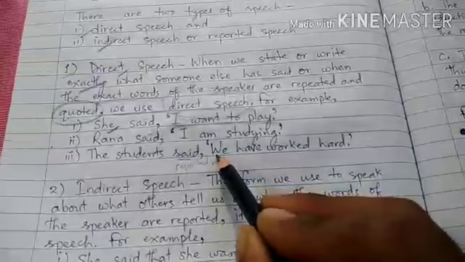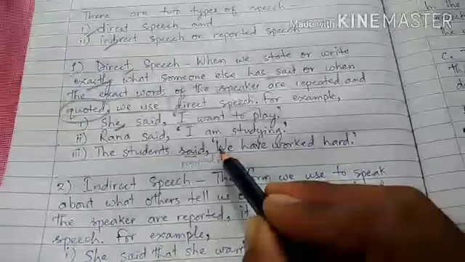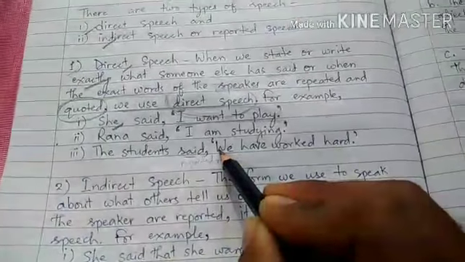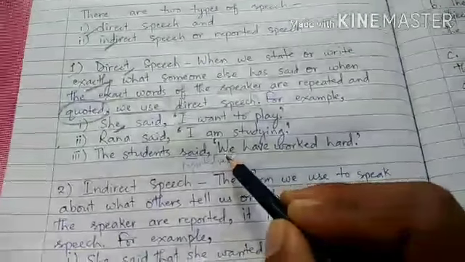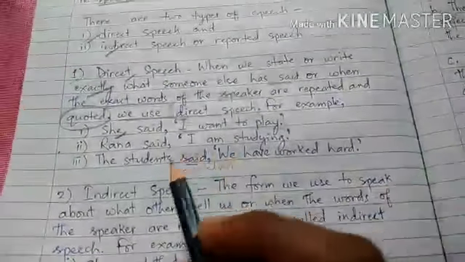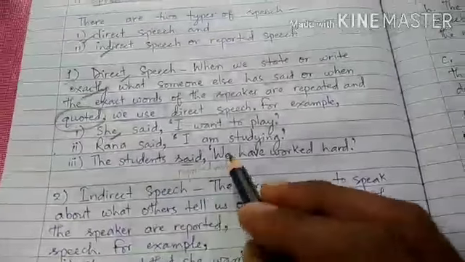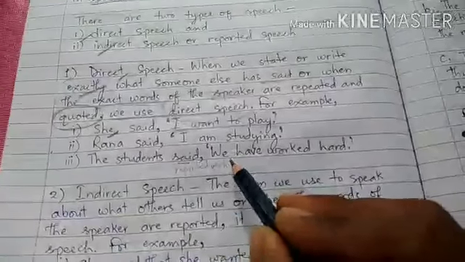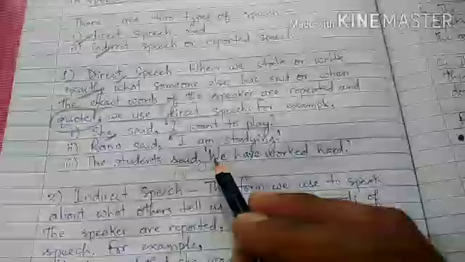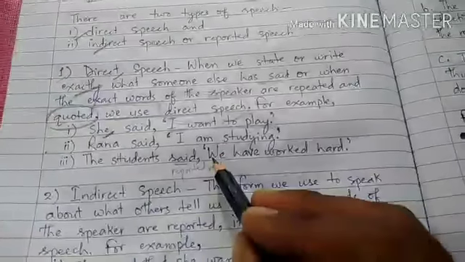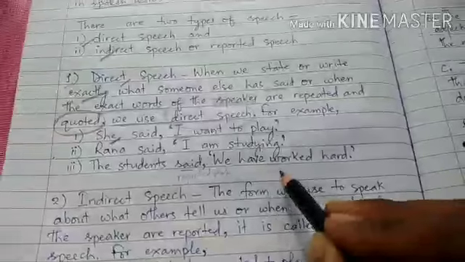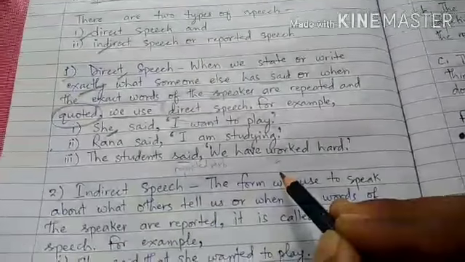But if you see here, we have worked hard. See here, we, W is capital here. So whenever we write the speech in direct speech spoken by the speaker, then we have to introduce that speech with a capital letter. Okay, I hope you have understood how to write direct speech.